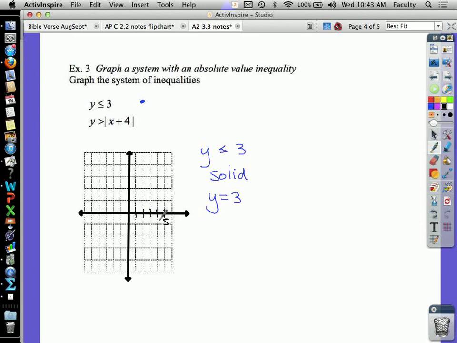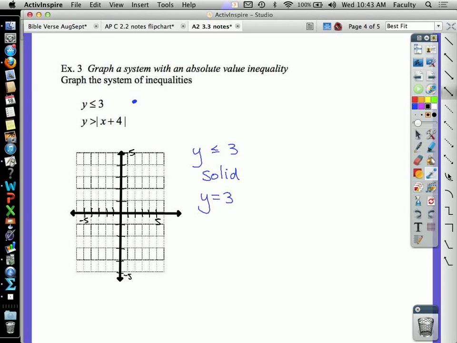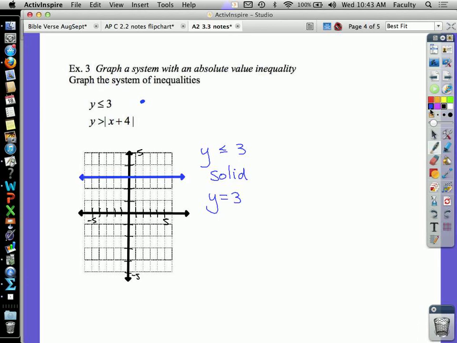Remember your scale. This is a solid horizontal line through y equals 3. If I pick a test point not on the line, is 0 less than or equal to 3? Yes. So we're going to shade underneath.